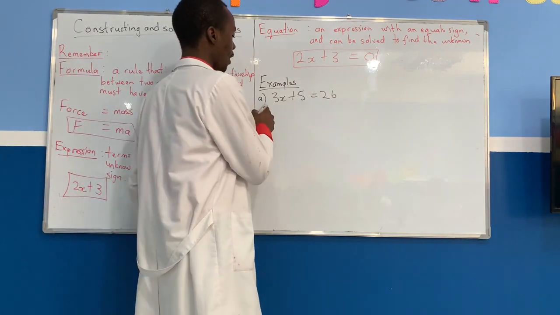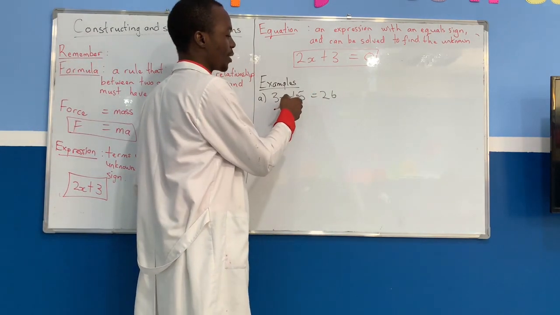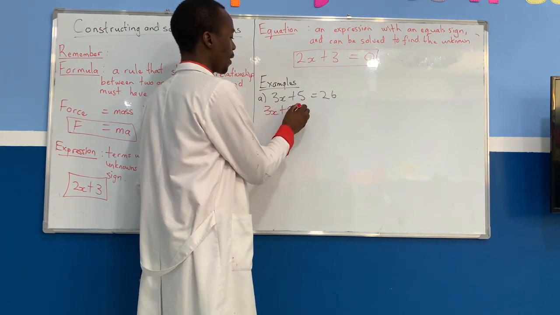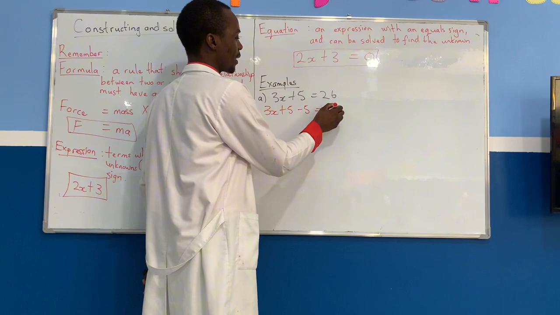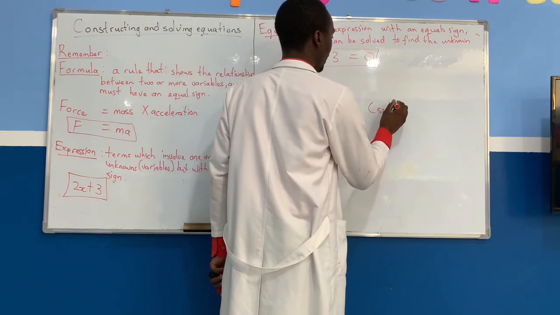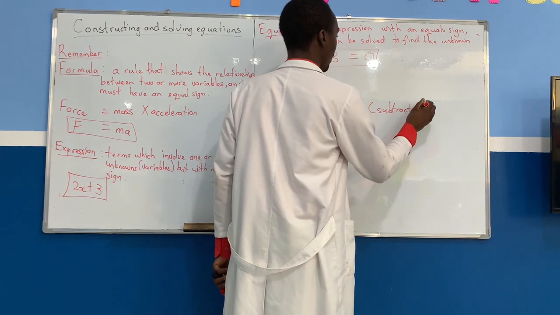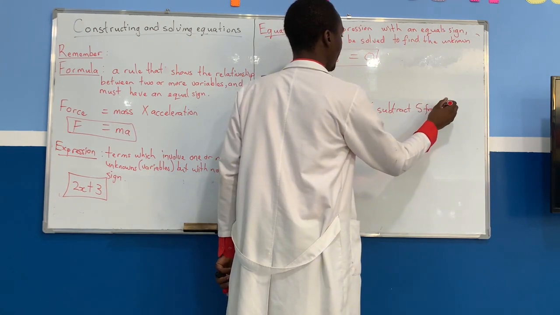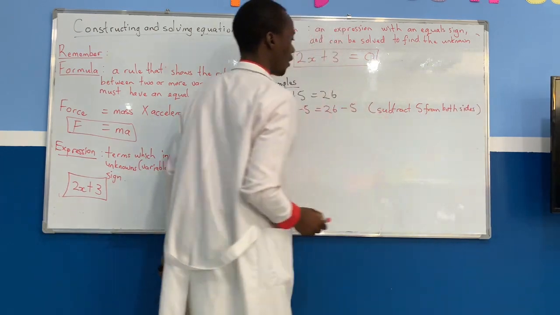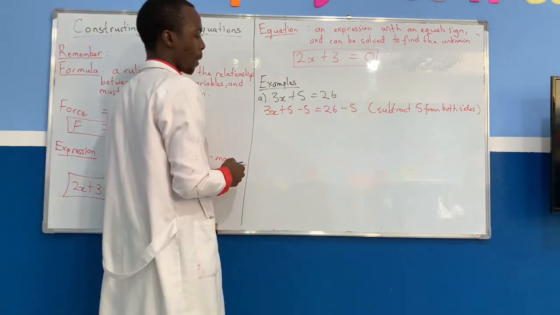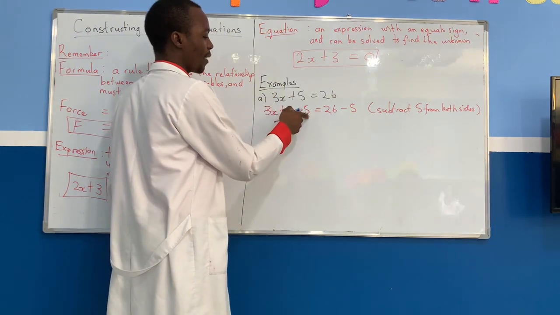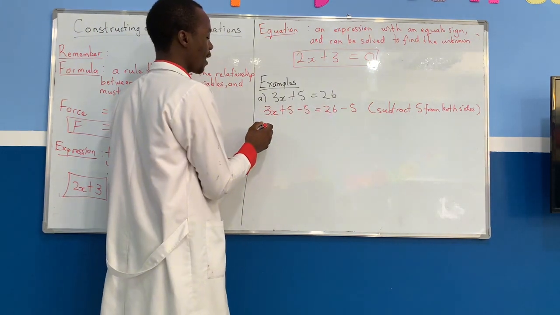To do that, we subtracted 5 from both sides, so that our equation remains balanced. Now we have 3x plus 5 minus 5 is equals to 26 minus 5.